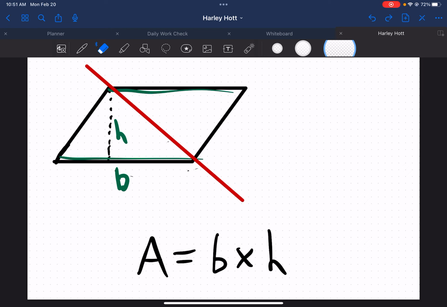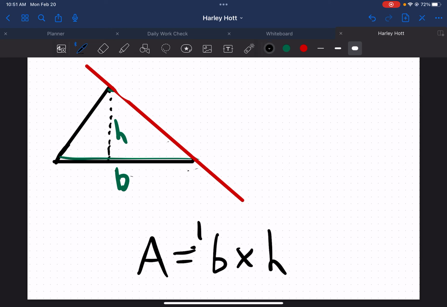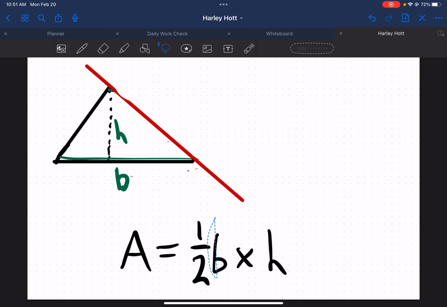So while the formula for a parallelogram is the area equals base times the height, the area of a triangle is 1/2 of the base times the height. It is 1/2 of whatever the base is times the height. Now that's an easy thing to forget, right? So if I were to give this triangle a base of, let's say, 10, and a height of 10, it's 1/2 base times height.